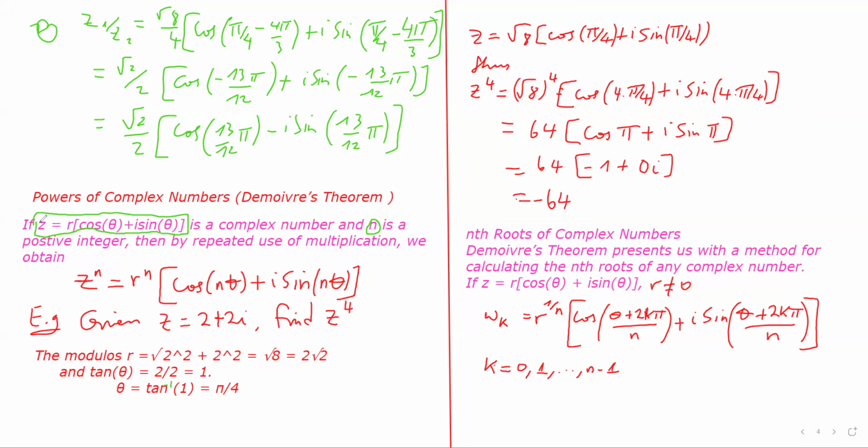In fact, you do not even need this necessarily. You can have z equal to x plus iy. You can find the powers. They're a bit complicated, but you can still find it.